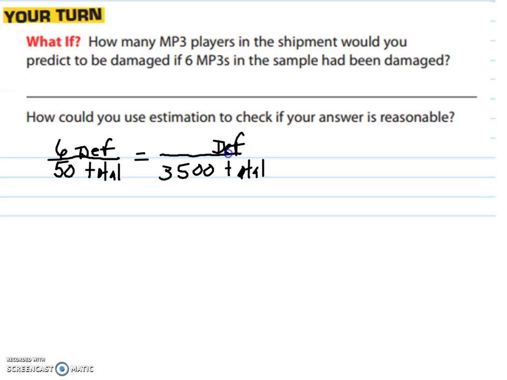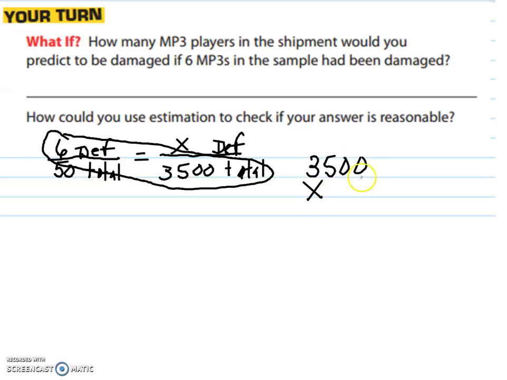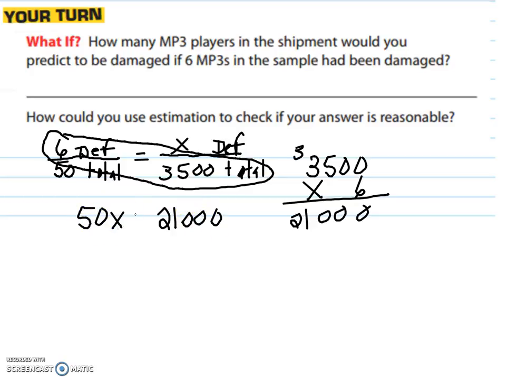So we're going to do the cross product rule. 3,500 times 6. We have 0, 0, 30. 6 times 3 is 18, 19, 20, 21. So we have 21,000 divided by 50.